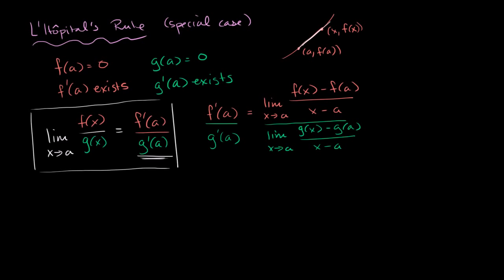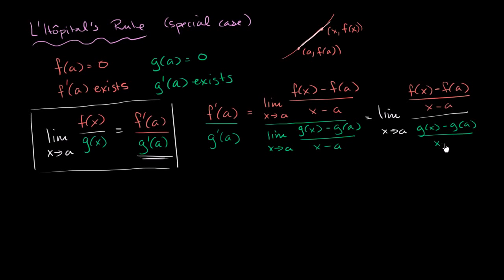So we can just rewrite this as the limit as x approaches a of all this business in orange, f of x minus f of a over x minus a, over all the business in green, g of x minus g of a, all of that over x minus a.